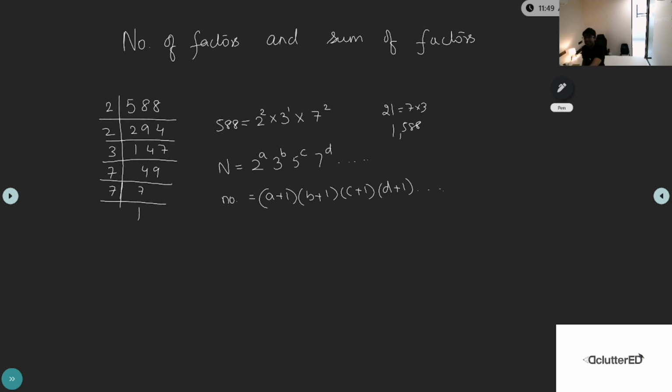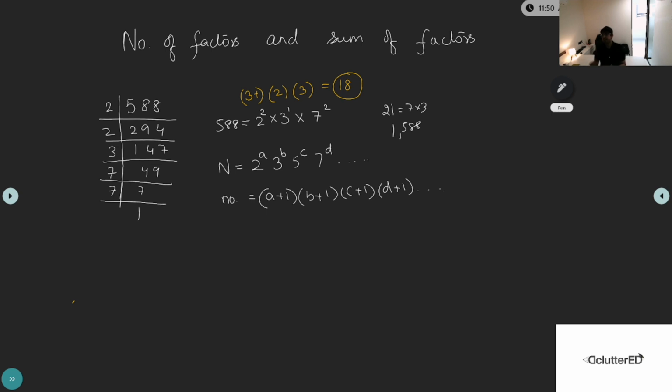So for 588 as a use case, the number of factors would be 3, which is 2 plus 1, into 2, which is 1 plus 1, into 3, which is going to be 3 3s are 9, 9 2s are 18. So there are 18 factors and this includes 1 and the number itself.